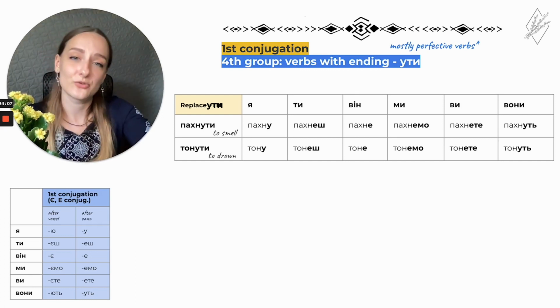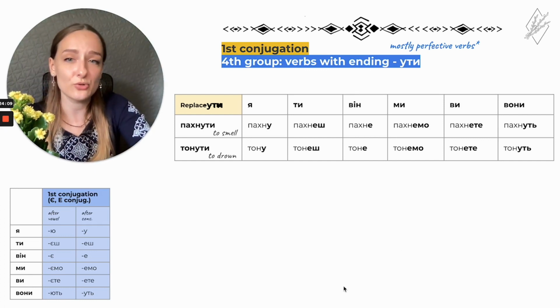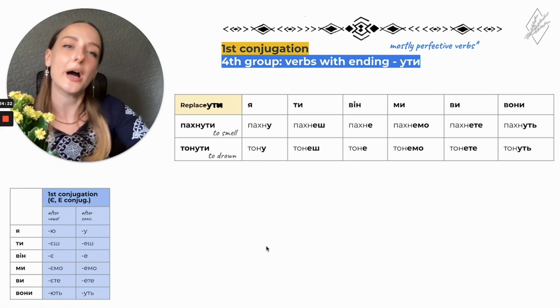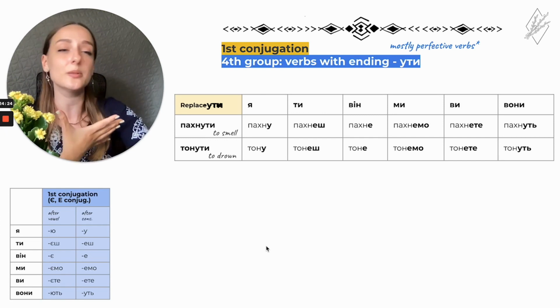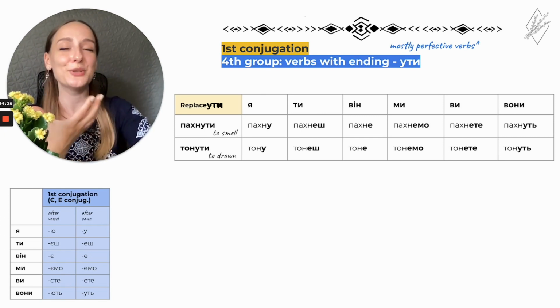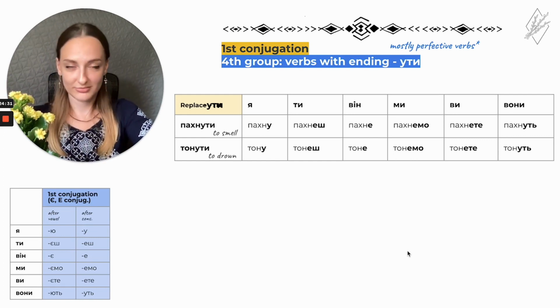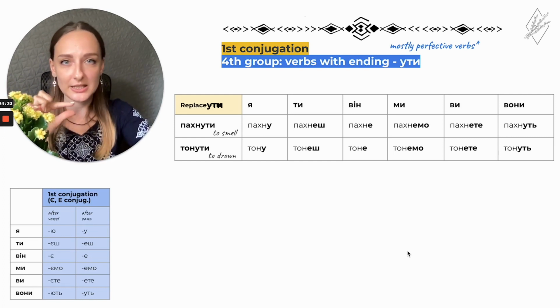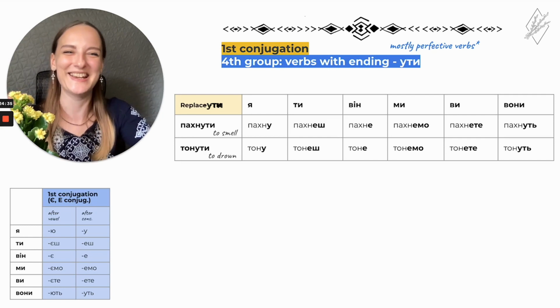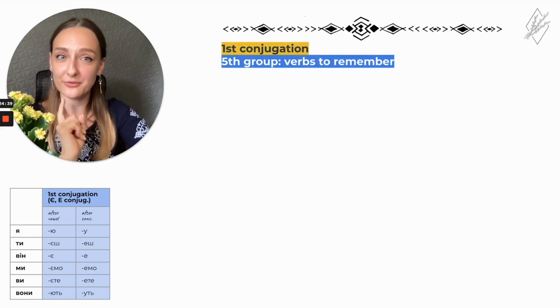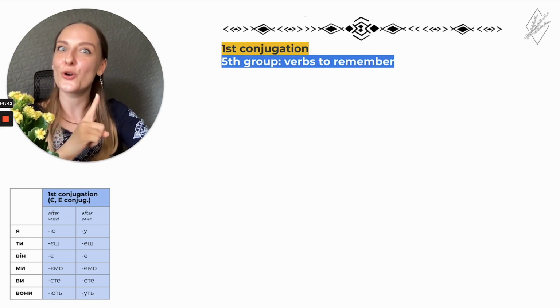We drop the ending uti and use our usual rules. First conjugation, right? Я пахну, ти пахнеш, він пахне, ми пахнемо, ви пахнете, вони пахнуть. Отак. So this is it. This is a very teeny tiny group, I would say, among imperfective verbs.